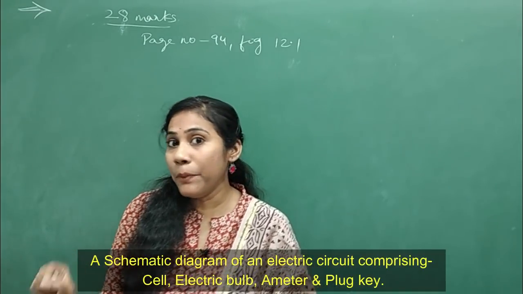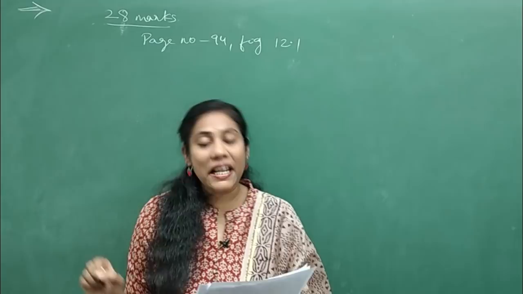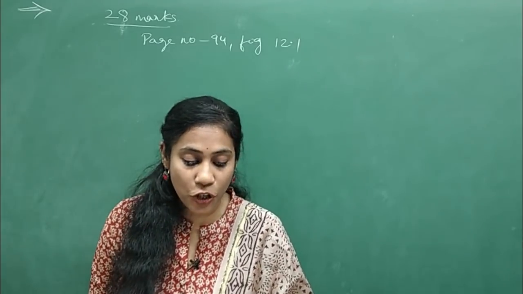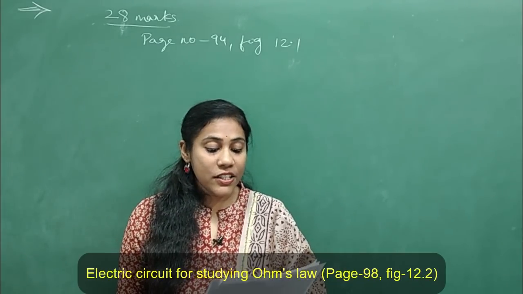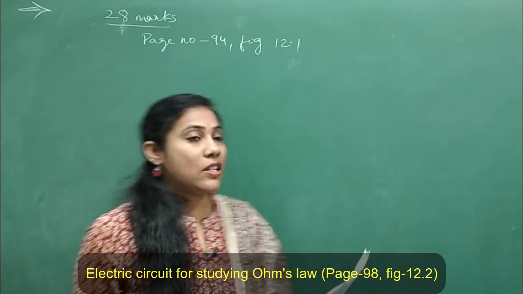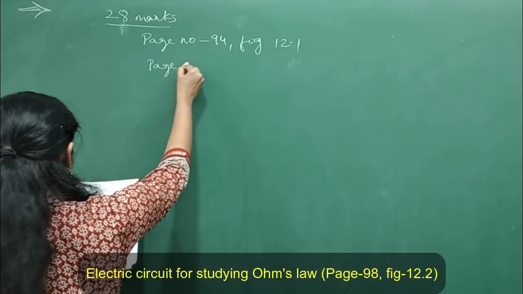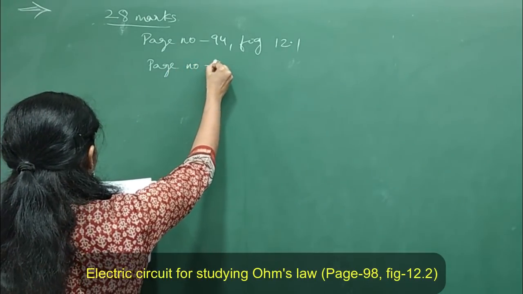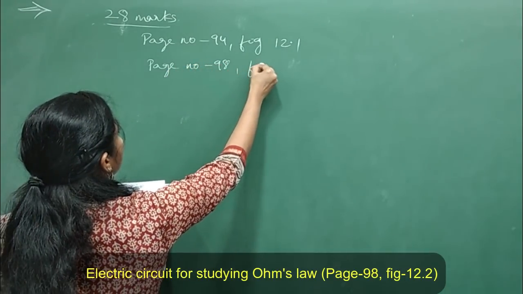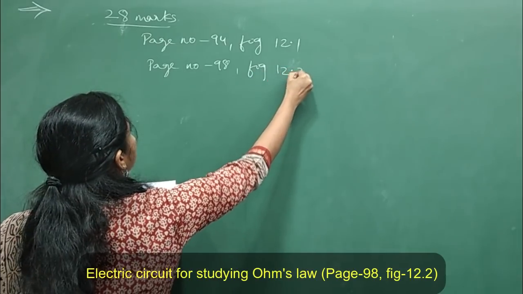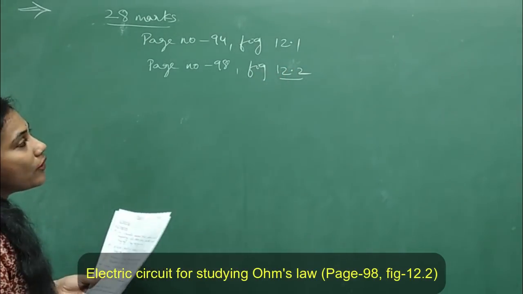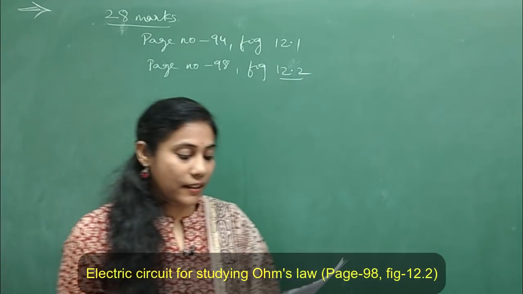And the second important diagram, which has been asked in your model paper also, is the electric circuit for studying Ohm's law. You will observe this diagram on page number 98, figure number 12.2. So this is also a very important diagram for this year.